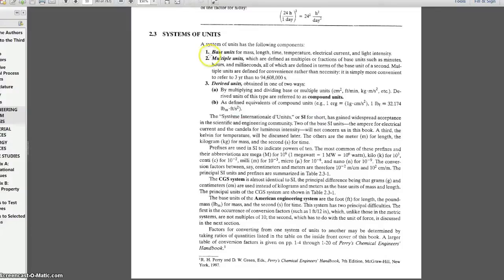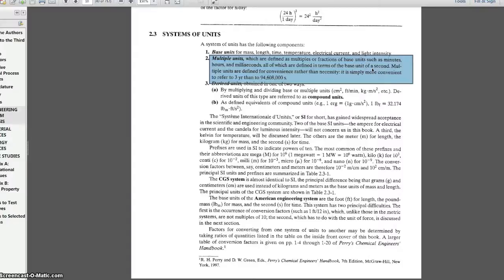The last part is multiple units, which are defined as multiples or fractions of base units, such as minutes, hours, and milliseconds, all of which are defined in terms of the base unit of a second. Multiple units are defined for convenience rather than necessity.